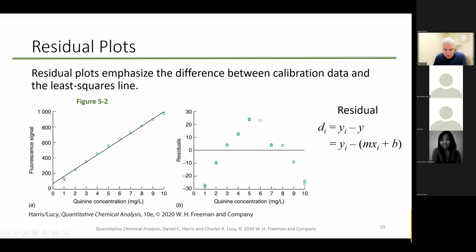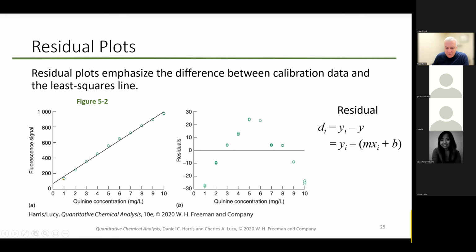And you can see here that a line is not a bad fit to these data, right? It's not a terrible idea to have a linear fit here. But if you plot the residuals, you can see clear correlation between the residuals and the line.